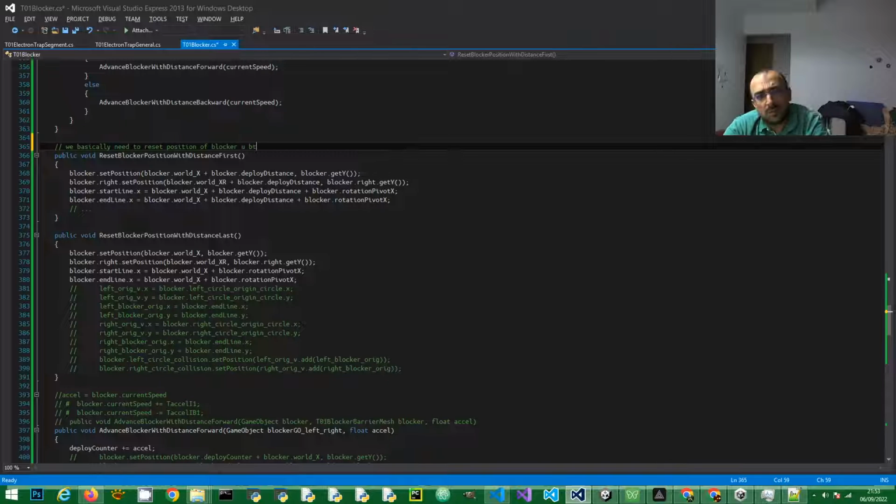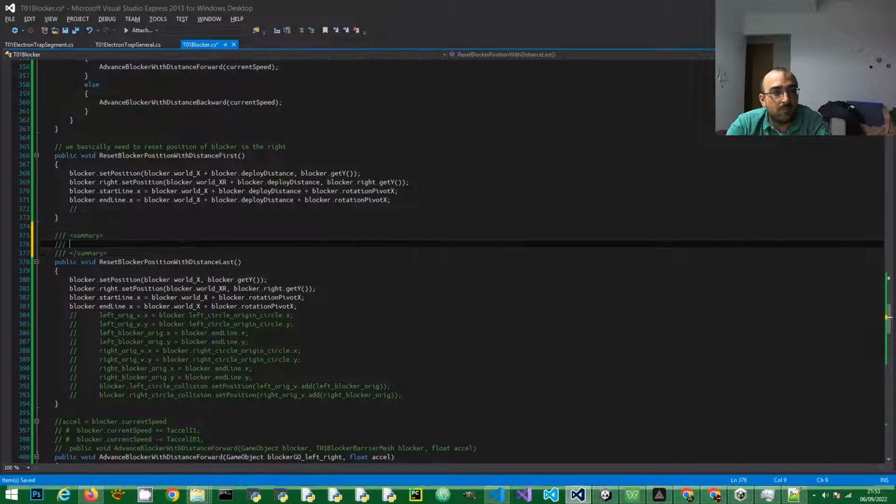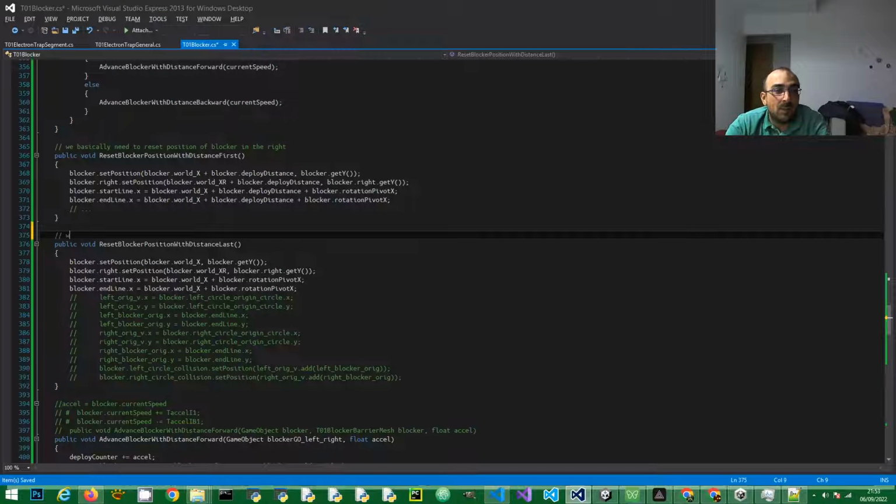In the right. And we basically need to change reset positions position of blocker in the right. We shall need to. Good. Okay.